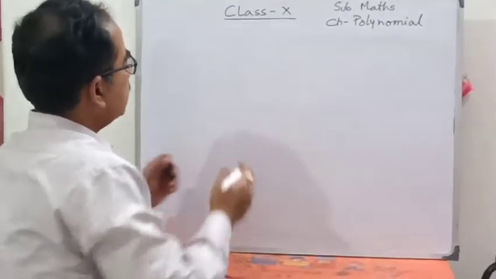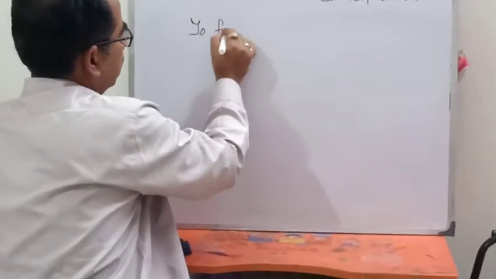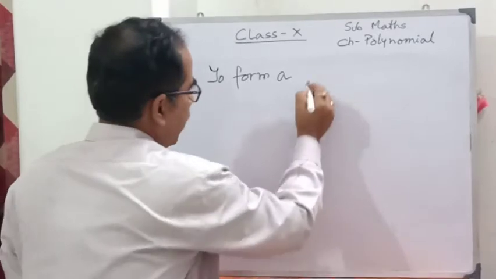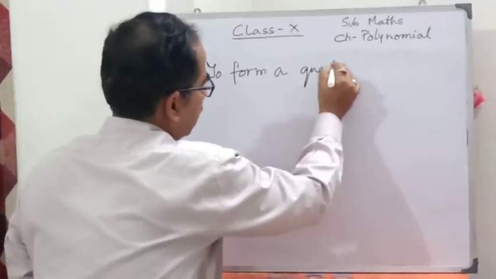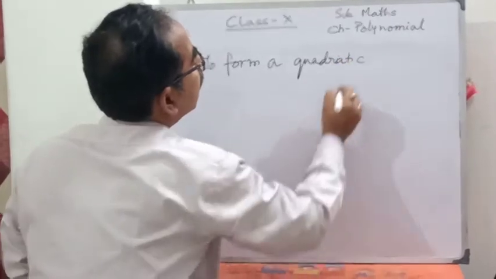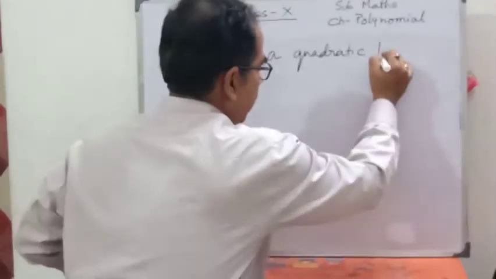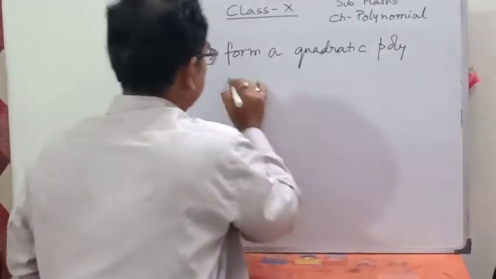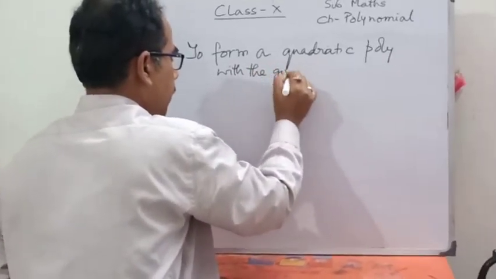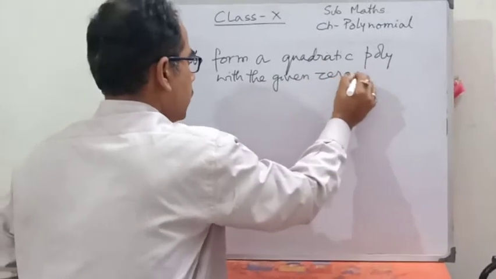Now the next topic is to form a quadratic polynomial with the given zeros.